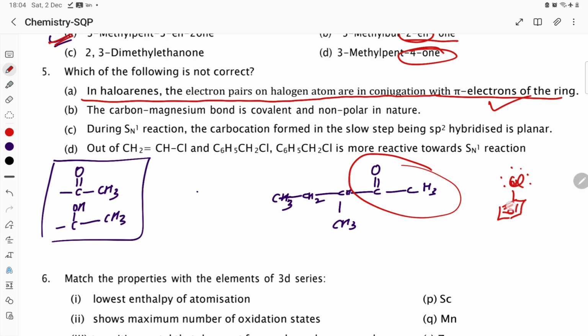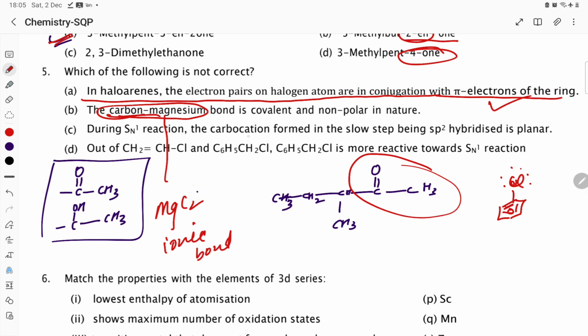Here single and double bonds are there. Carbon magnesium bond is covalent and not polar in nature, student. How can the carbon magnesium bond be covalent, student? It is an ionic bond. I know MgCl2 is an ionic bond, student. So that is not correct.